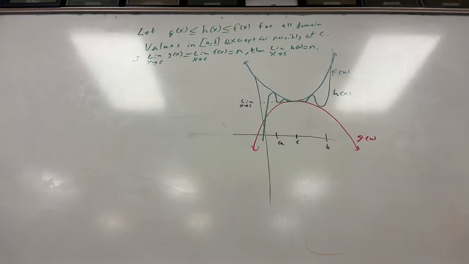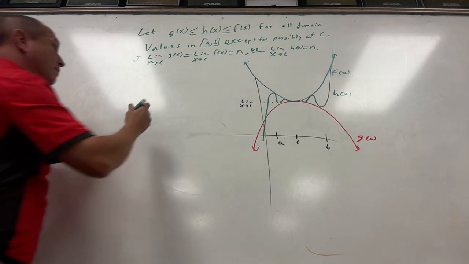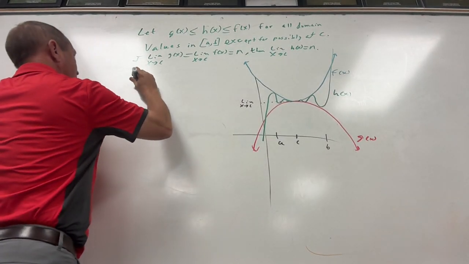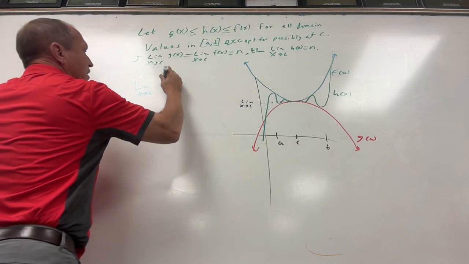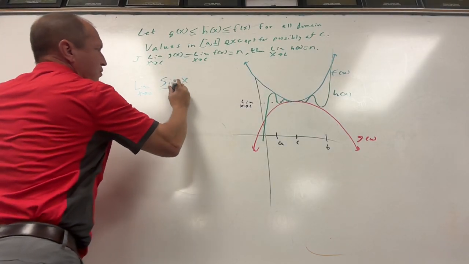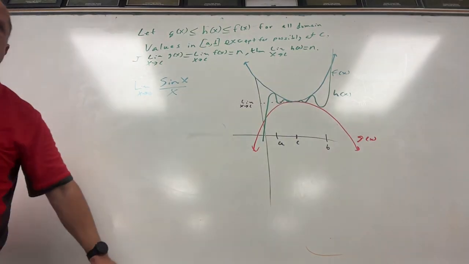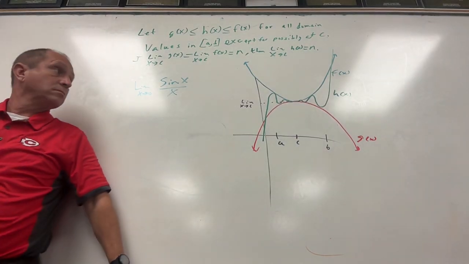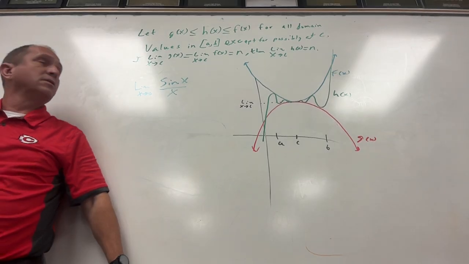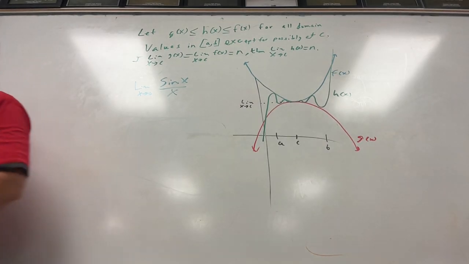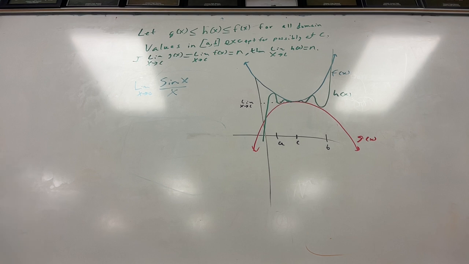Before we do that, though, let's consider the limit as x approaches 0 of the sine of x over x. All right. So, what happens here if we plug in 0?